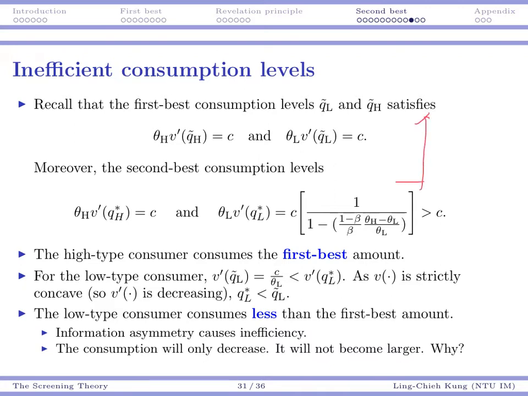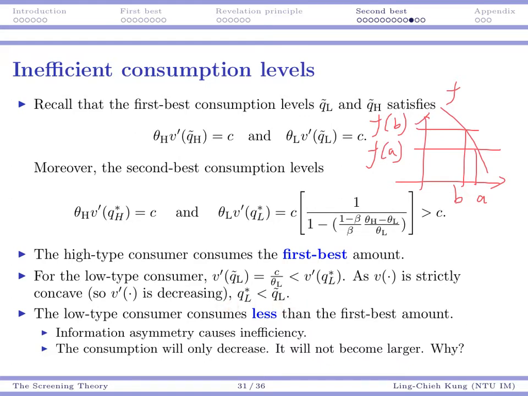Let's look at this figure. Suppose you have a decreasing function, let's call it f. If your f of a is less than f of b, then that means a is greater than b. Okay, so if V prime of Q tilde L is less than V prime of Q star L, then that means Q tilde L is greater than Q star L. Okay, just like this.